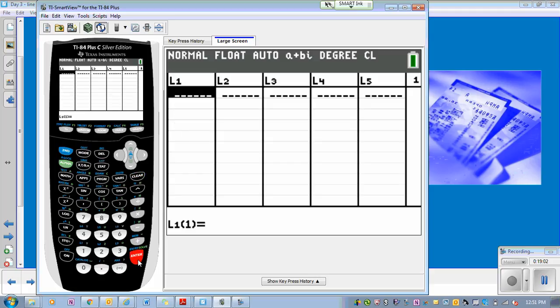Make sure you put the points in correctly. You also have to make sure you have the same number in your L1 and your L2, because if you don't, you're going to get an error.